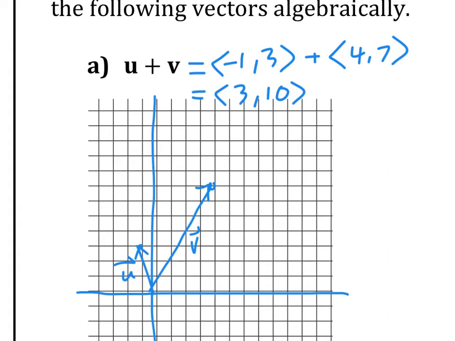Are you guys with me, kind of? Yeah? Okay, so let's assume you physically did move it, like here. So then the resultant vector is this one, and let's see if it's 310. It is 3. Let's see if it's 10.